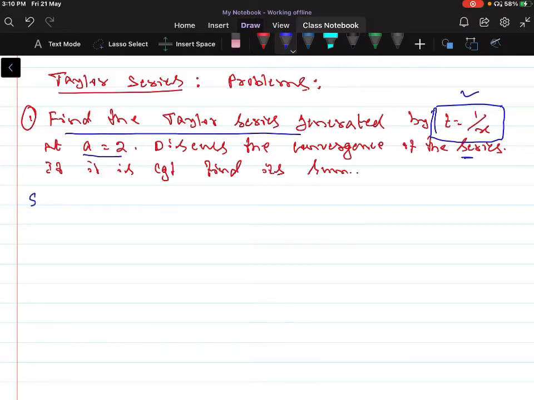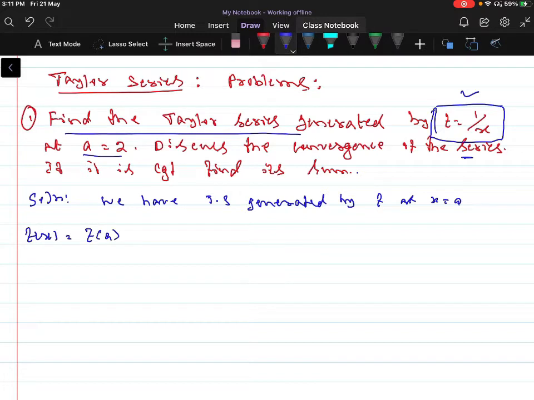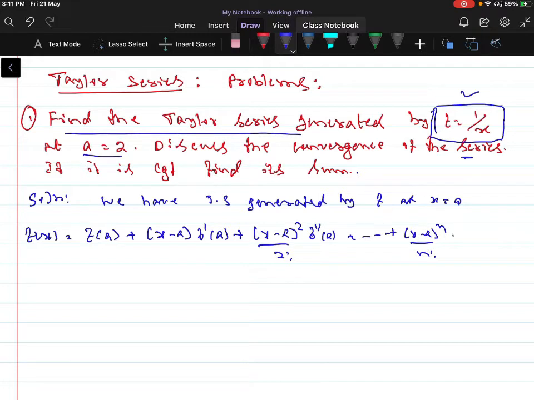Now let us move to the solution. We have the Taylor series generated by f at x = a, which is of the form f(x) = f(a) + (x - a) f'(a) + (x - a)^2 f''(a)/2! + and so on + (x - a)^n/n! times the nth derivative of f at x = a, and so on.